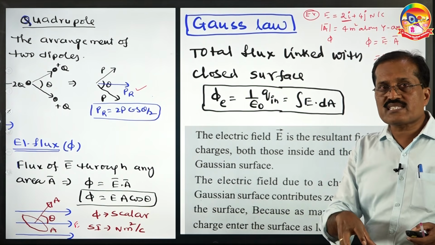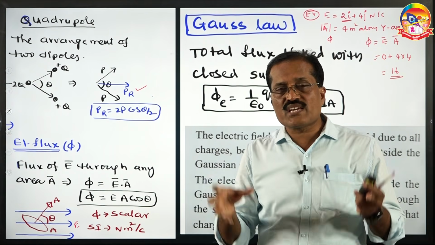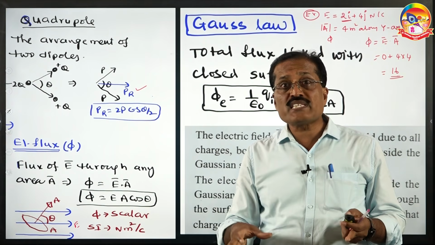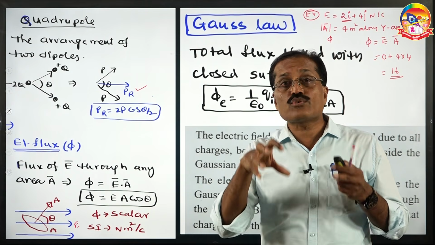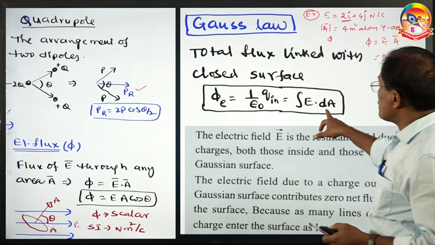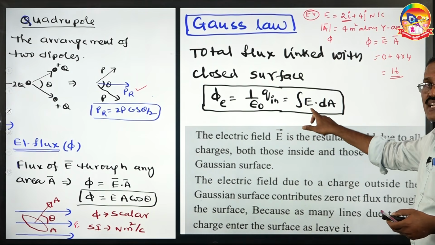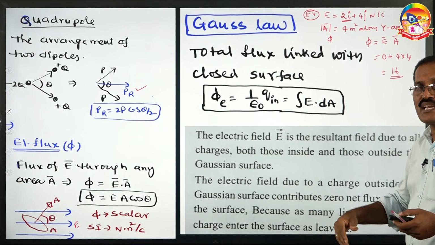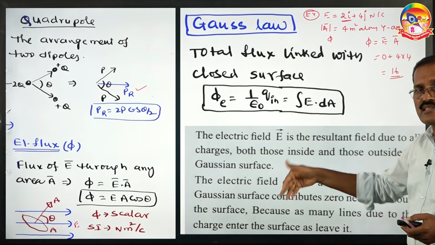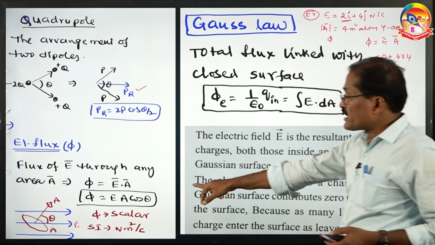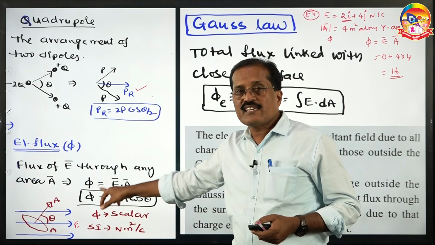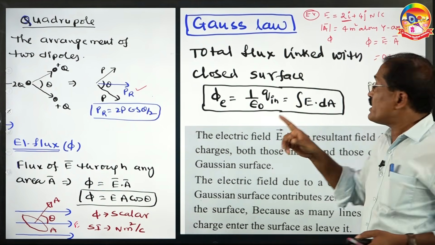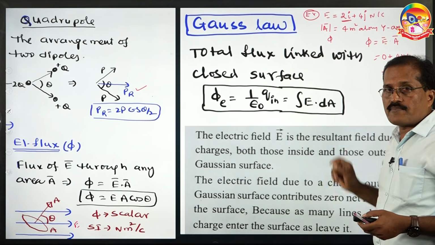The total flux through a given surface always depends upon the total charge inside the surface, which can also be said as the integral of E dot dA, where E is the electric field intensity, whether it is variable or constant, accordingly we can write it. This particular formula is only when E is constant. If E changes with area, we use the integral.